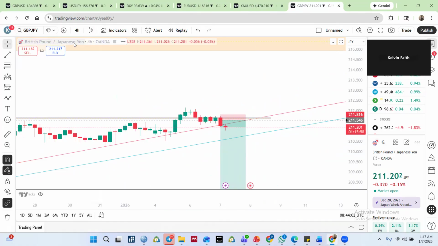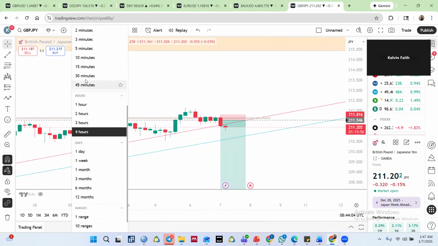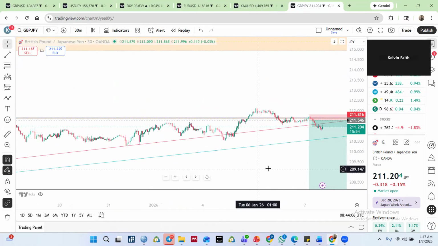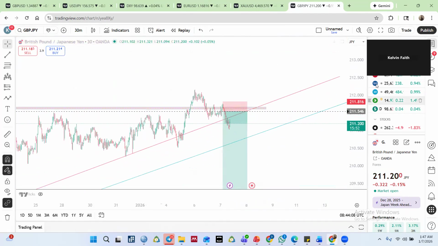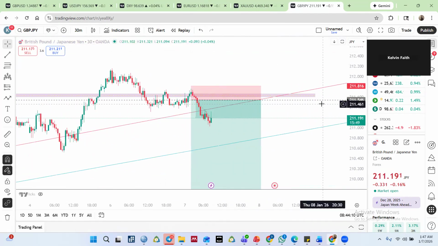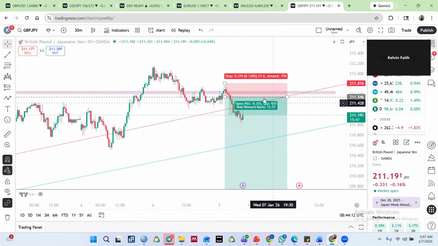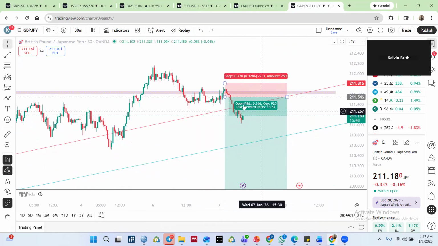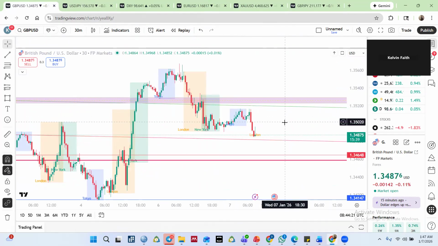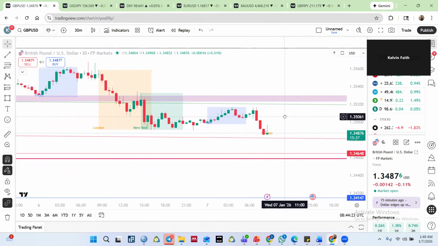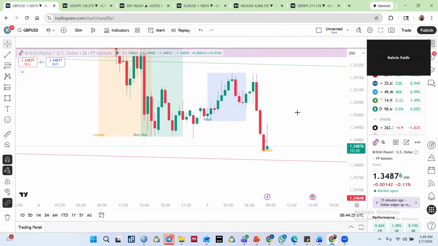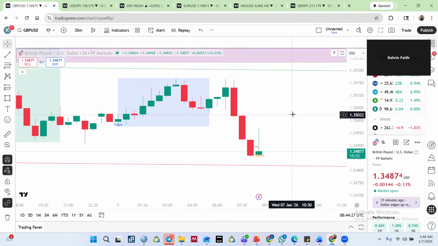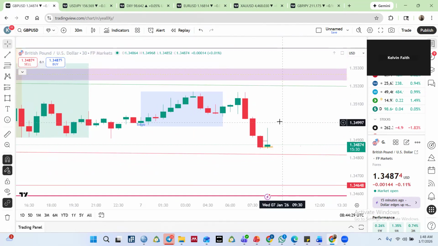GBP JPY. Okay, so we're getting a reaction right now. Let's see if price will come back into the entry. I've set an alarm. Oh, the whole candle is rejecting. Wow.